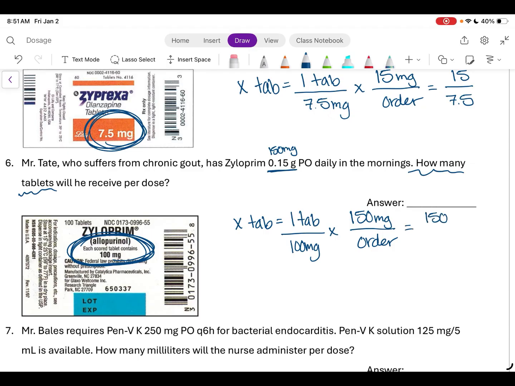So 150 divided by 100 is 1.5. Again, if you wanted to do your dimensional analysis inside, this is what it will look like.